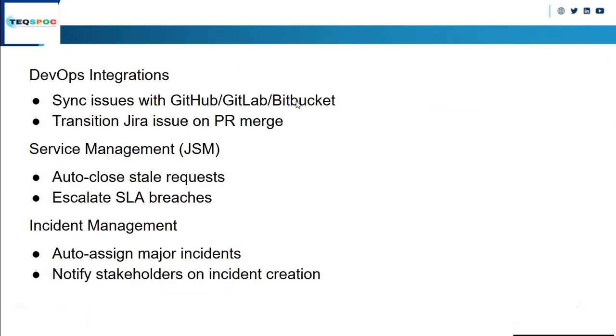These are code repositories. It can transition a Jira issue on PR merge, so when backend developers move their code to the PR, that can also be automated. Then service management, that is JSM, can auto-close stale requests and escalate SLA breaches. Then incident management can auto-assign a major incident and notify the stakeholders or incident PSL.